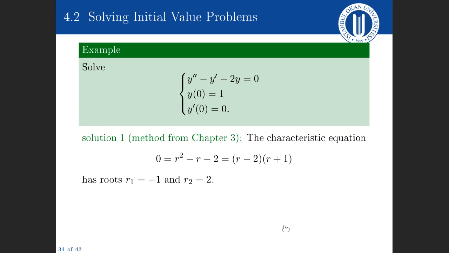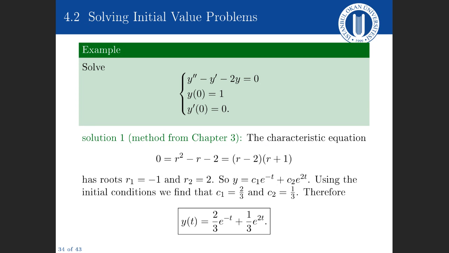We find that the roots are minus 1 and 2. So the general solution to the differential equation is c1 e to the power minus t plus c2 e to the power 2t. And then we can use the initial conditions to find c1 and c2. So the answer to this problem will be 2 over 3 e to the power minus t plus 1 over 3 e to the power 2t.